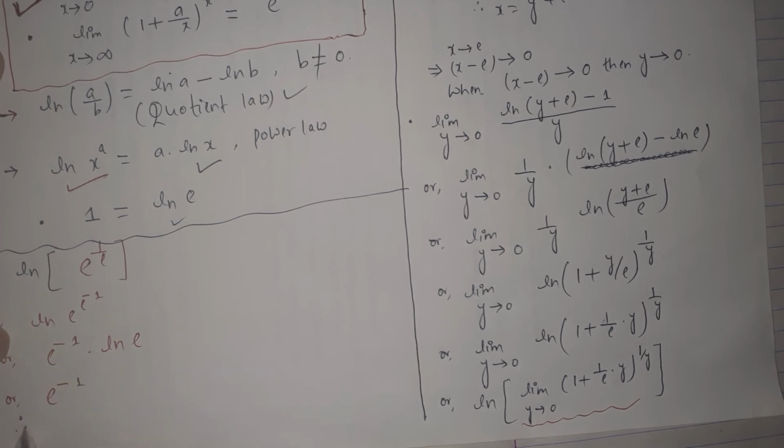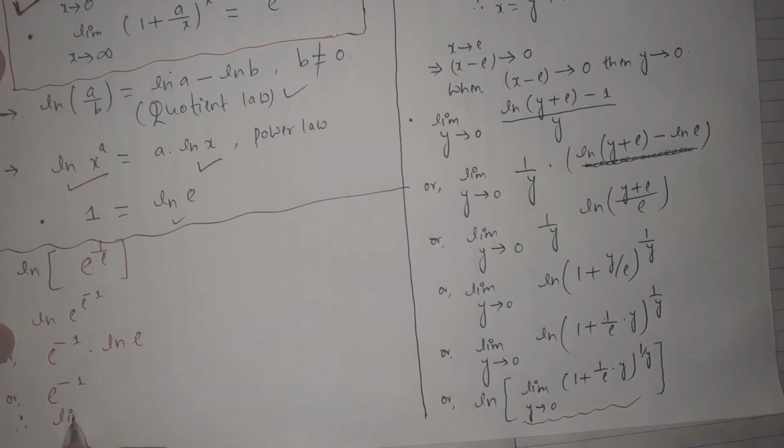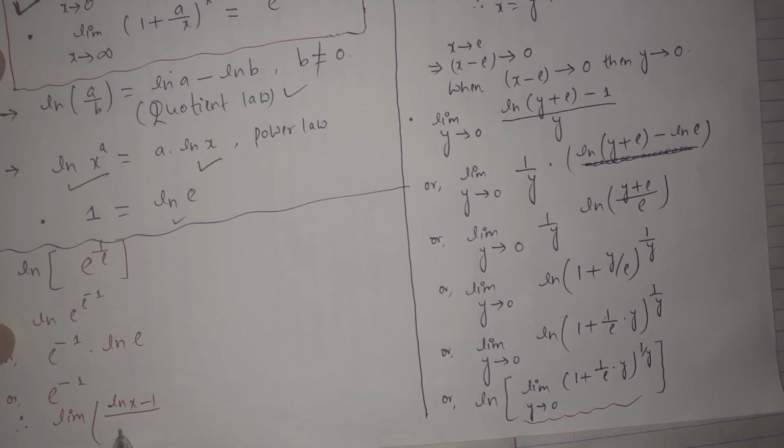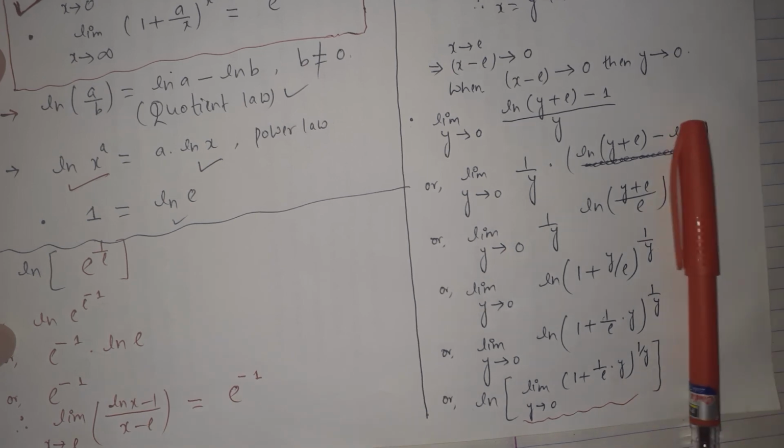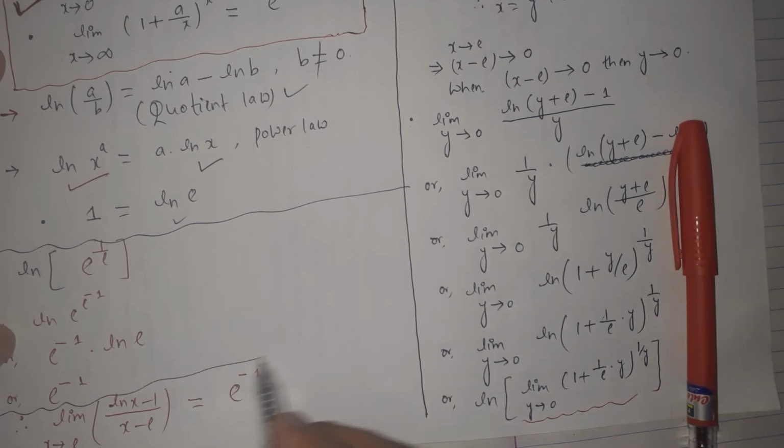So finally we got the limiting value of the function ln of x minus 1 over x minus e when the variable x approaches e. The limiting value is calculated as negative 1. This is the final solution for this particular problem.